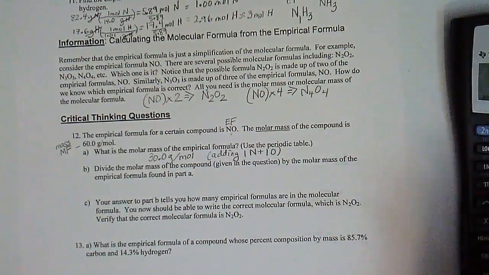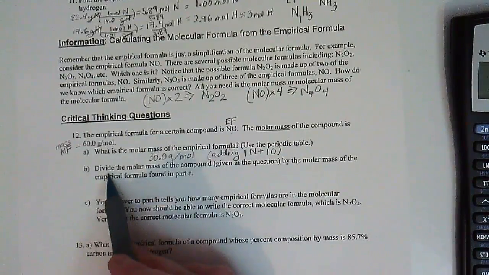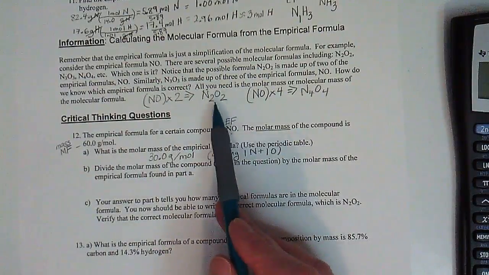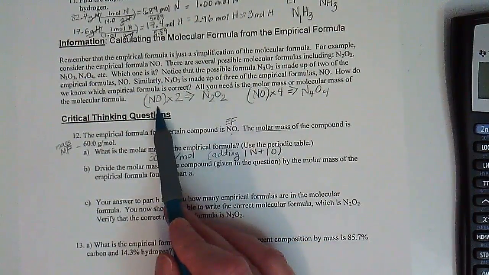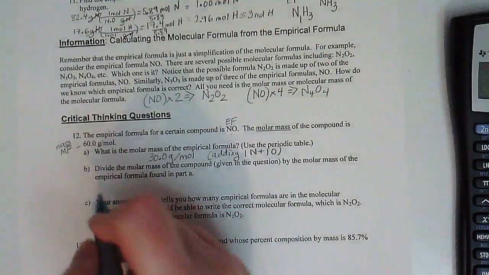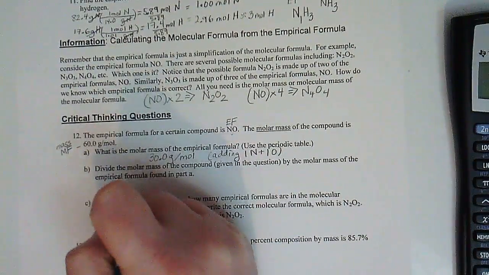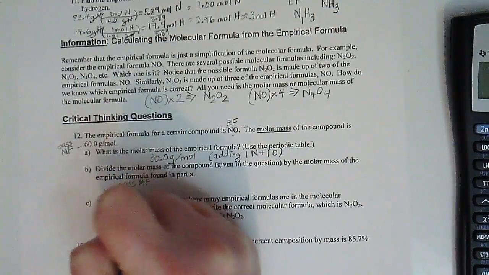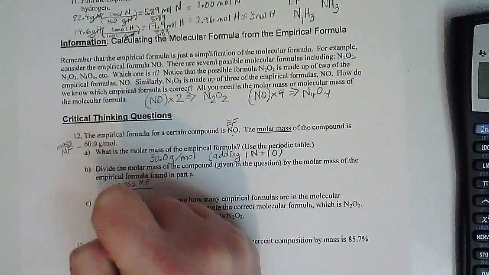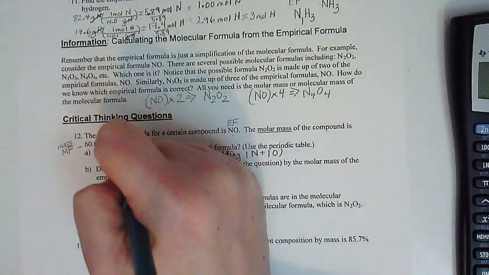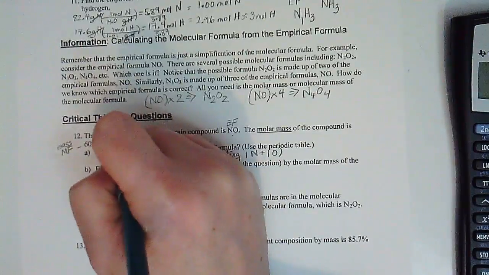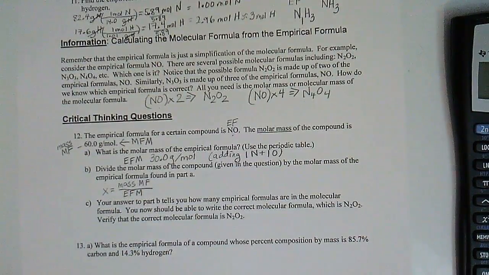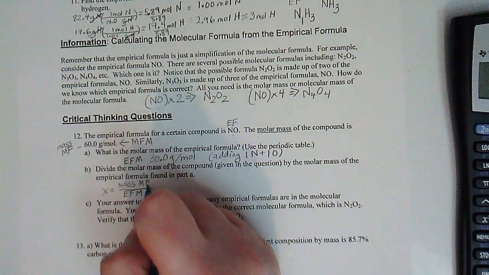Now it says we want to figure out what this ratio is, like we did here, right? If I had N2O2, I want to find this ratio. So to find that ratio, I'm going to take the mass of my molecular formula and divide it by my empirical formula mass. I call this the EFM, and I call this the MFM.